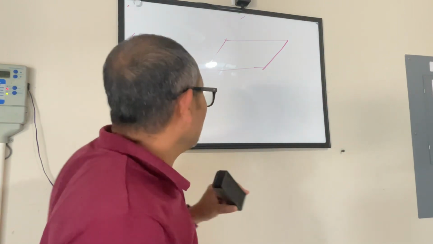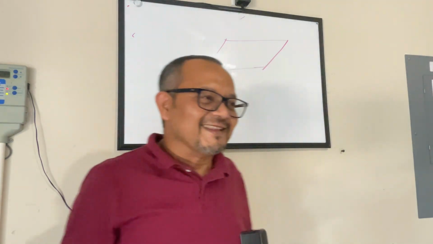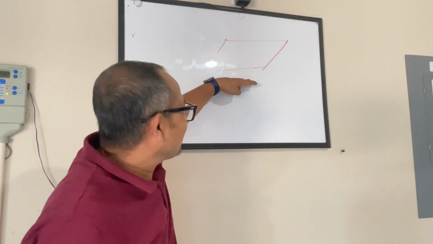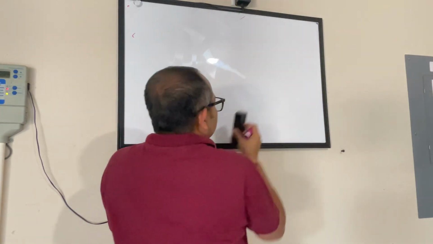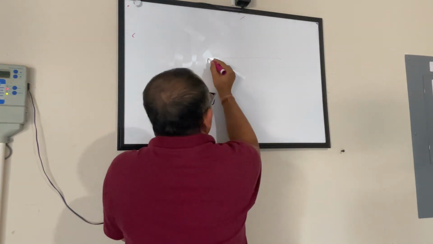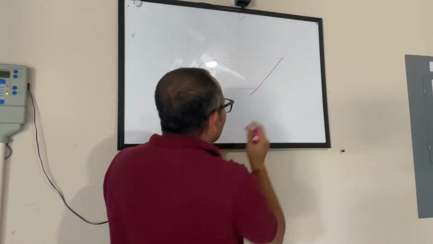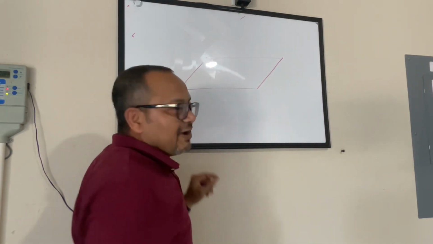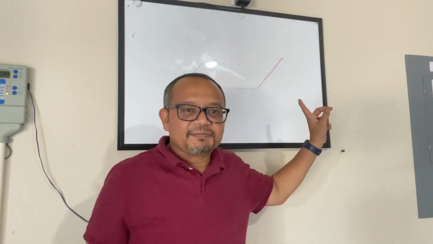Rhombus. No. Parallelogram. See, you are making me doubt my own drawing skills. I said this is a parallelogram. This is not looking like a perfect parallelogram, but yes, that is the best I could do with my skill, and that is the best I would want you to judge with your bare eyes. Yeah? So, this is a parallelogram.